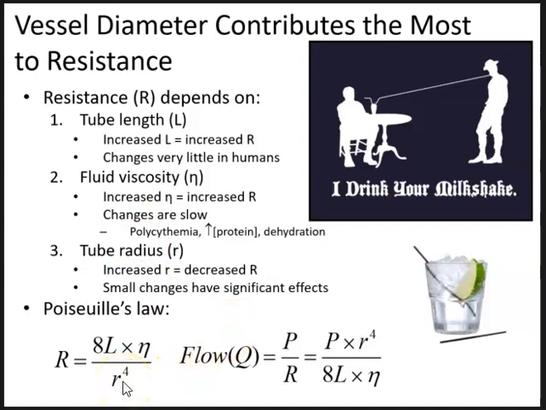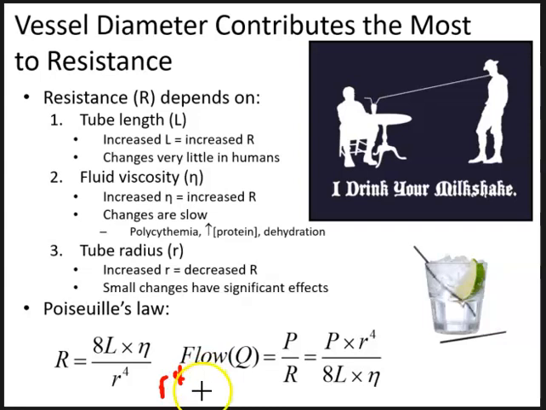So, for example, if we increase the radius to 2, the radius would be R to the fourth power. So 2 times 2 times 2 times 2, that equals 16. So let me write R to the fourth.